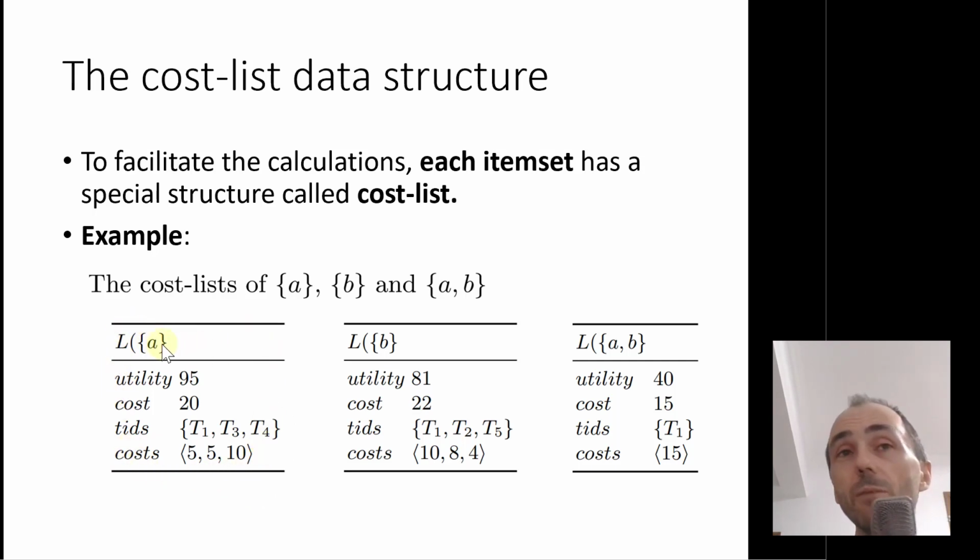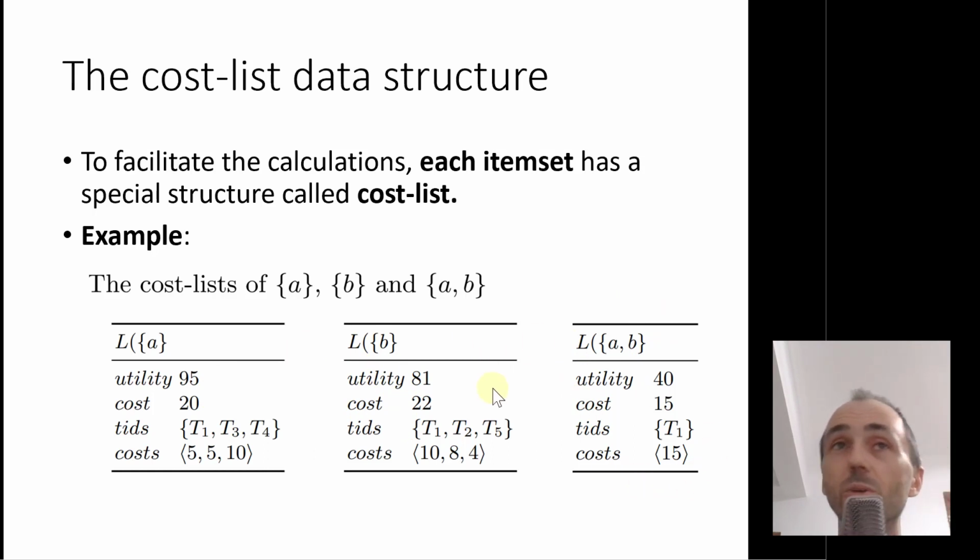The table, like the cost list of A, will tell us about its utility, cost, the transactions that contain A, and the cost value of A in these transactions. We have the same for B, and then we can combine these tables to find the table of AB and so on.